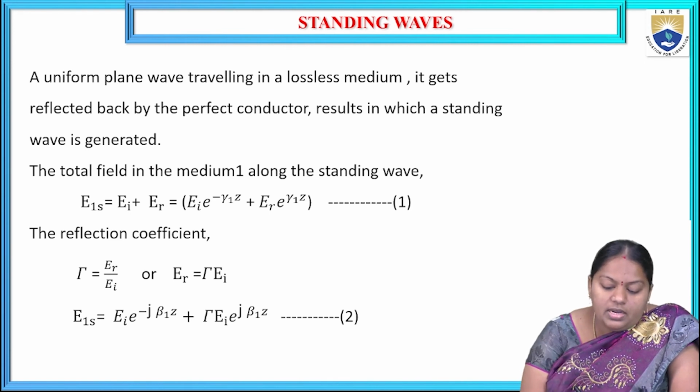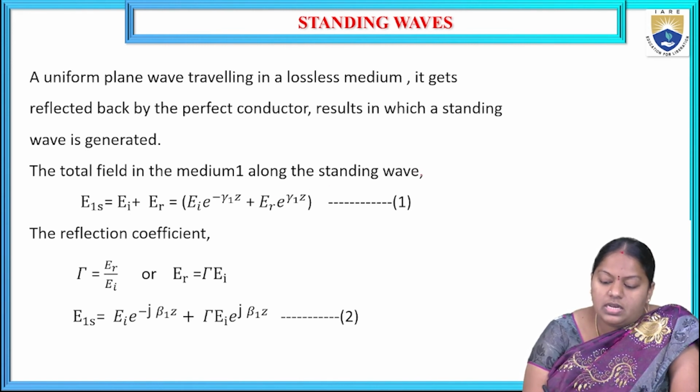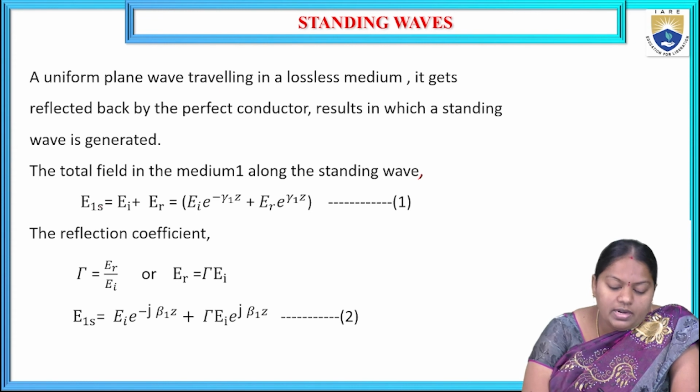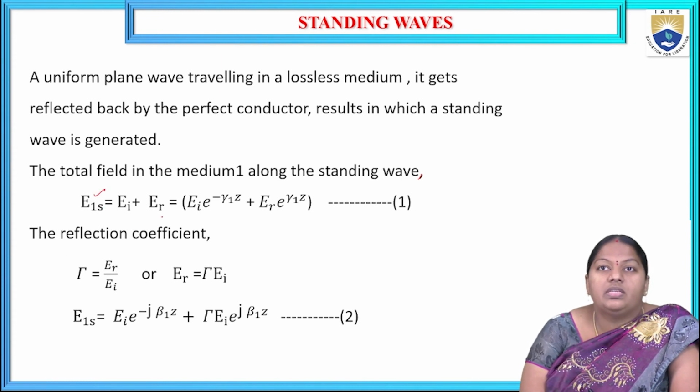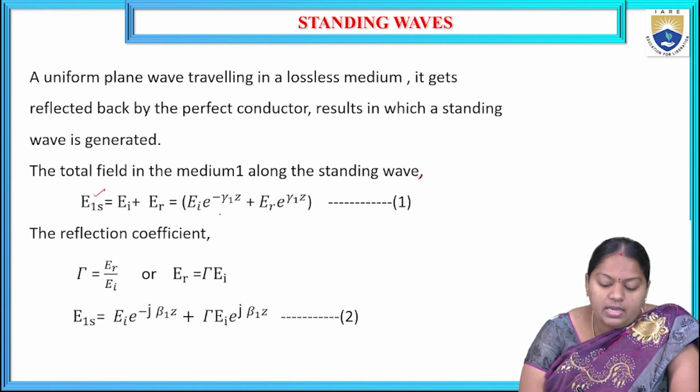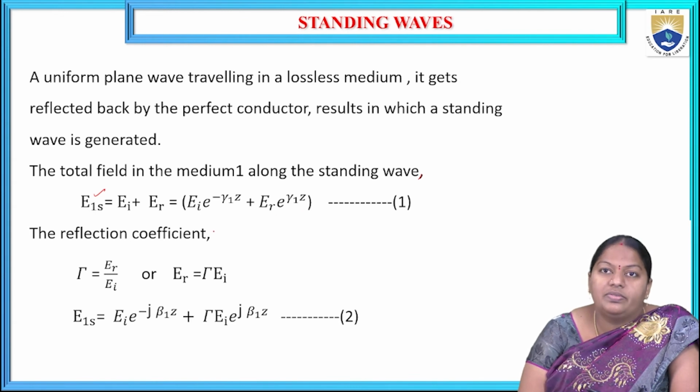Then the total field in the medium 1 along with the standing wave, E1s, is given by EI plus ER. As we know, previously we considered the same equation, the complete equation along with the magnitude and phase functions: EI into e power minus gamma 1 z plus ER into e power gamma 1 z.